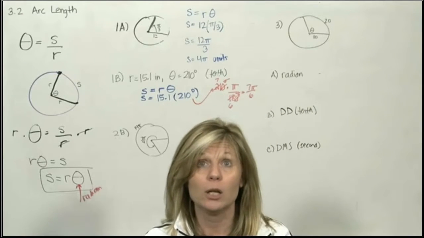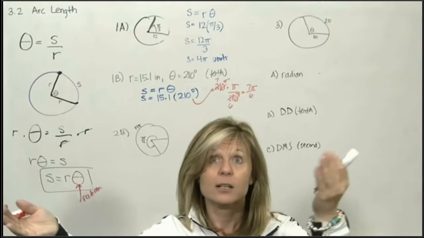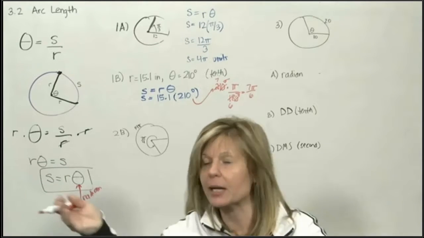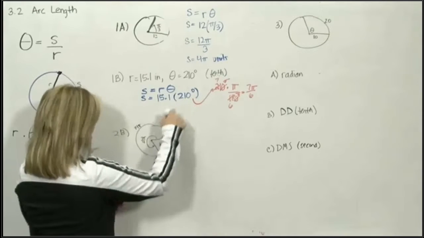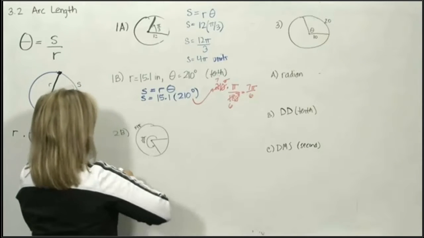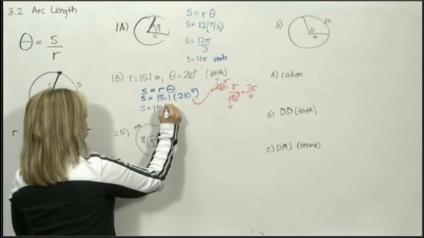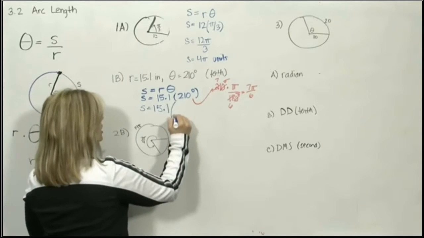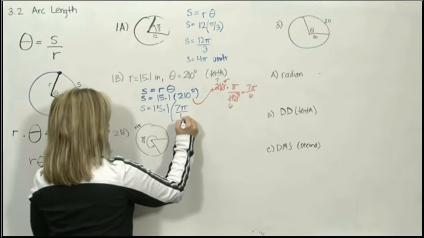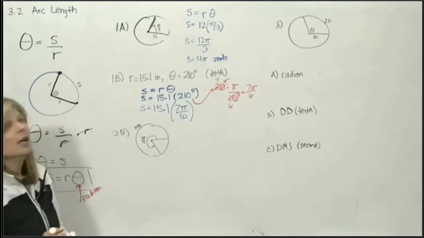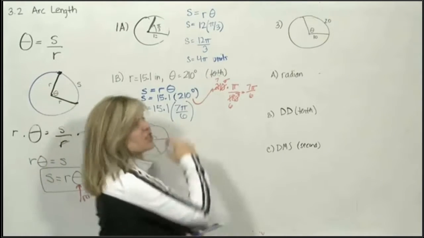It's equal. 5 feet, 60 inches. They mean the same thing. I can replace now in my formula I'm about to work, arc length is 15 and 1/10 inch times 7 pi over 6. The directions say round to the nearest tenth.